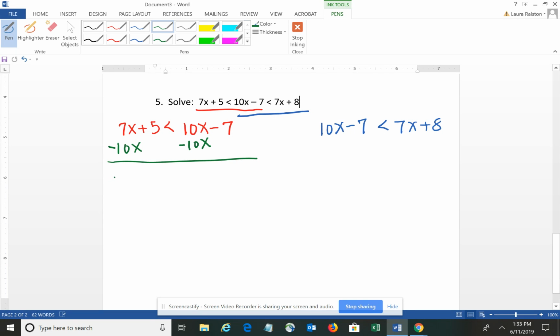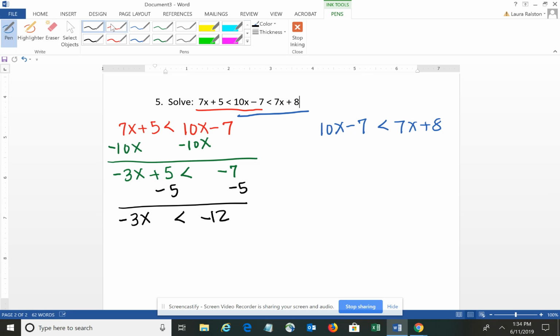So I have -3x plus 5 is less than -7. I'm then going to subtract 5, subtract 5. So I have -3x is less than -12.